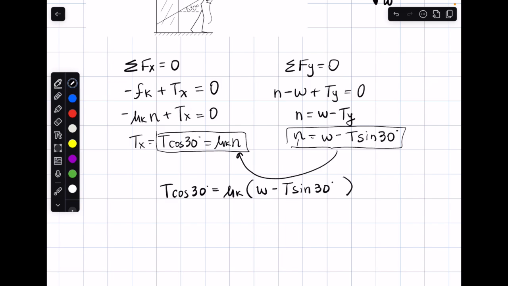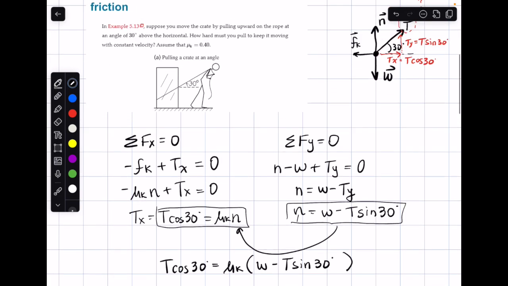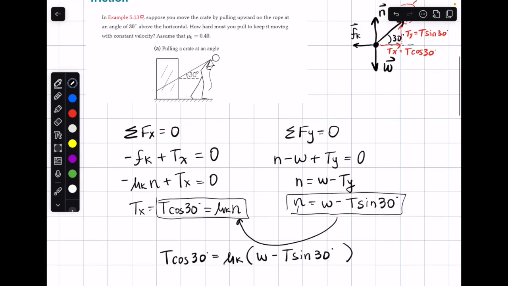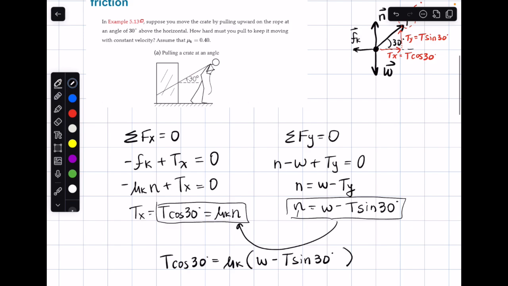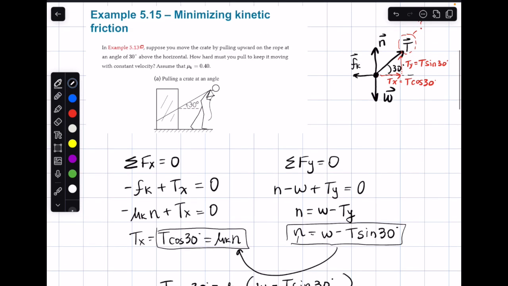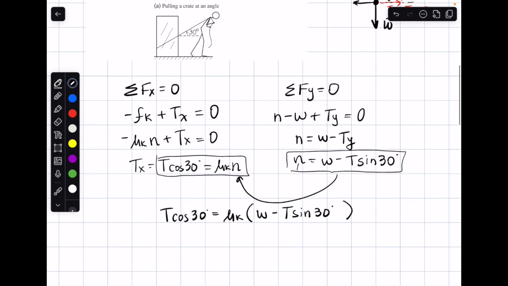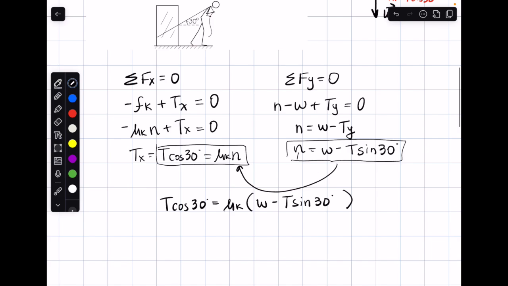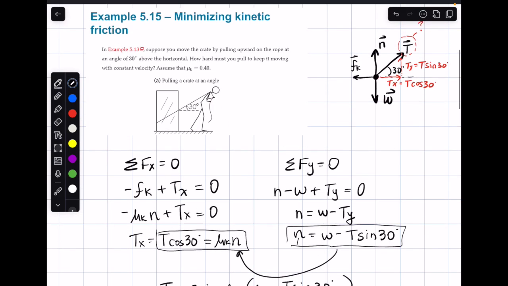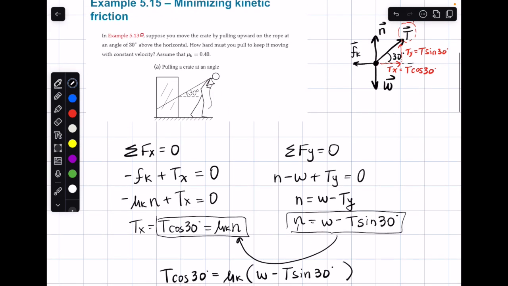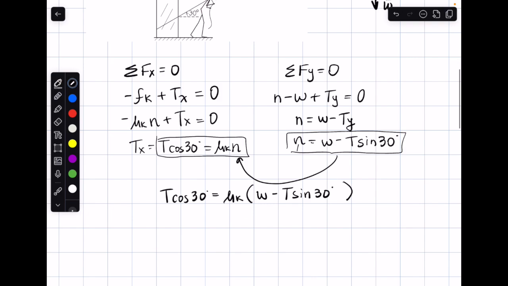And I could plug in mg for the weight. We're not given the mass, so technically that's an unknown, but I think we're supposed to be finding T in terms of weight. I think weight is, although it's not given to us, technically a known, I guess. We're going to be given our answer in terms of weight.